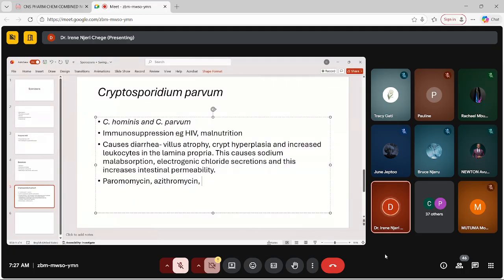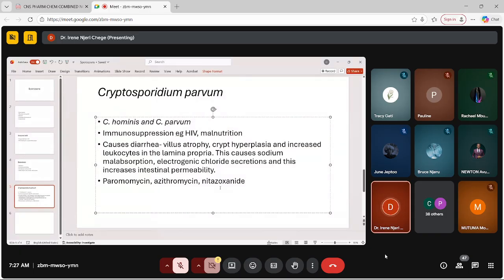It's actually a thiazolide, called nitazoxanide. So we're going to cover these drugs later on. But let me just point out, we've covered paromomycin. I think you've covered azithromycin in another unit.